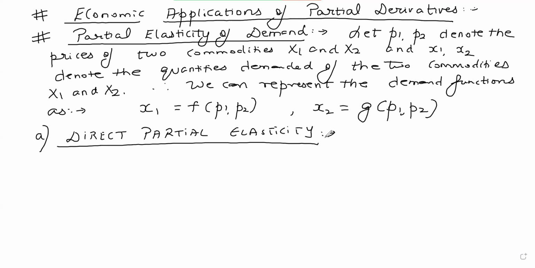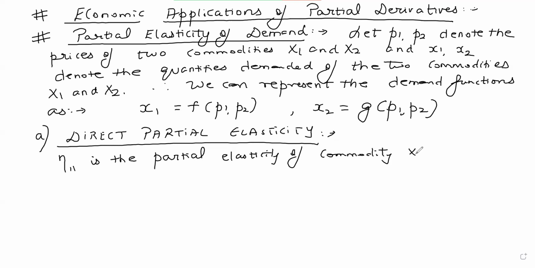I can say that eta I, or in general, eta 11, is the partial elasticity of commodity X1 with respect to price P1, which I can also write as minus P1 by X1 times del X1 by del P1.